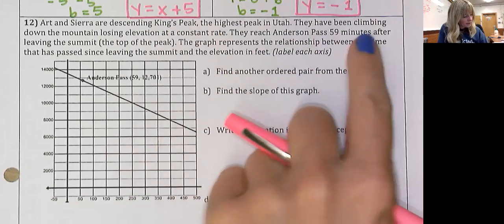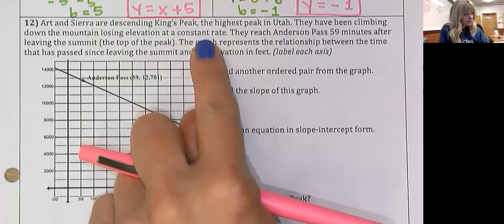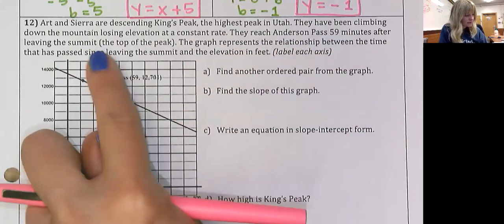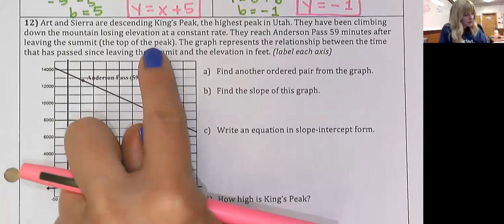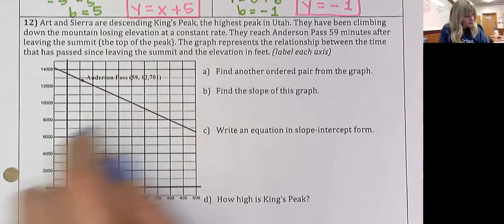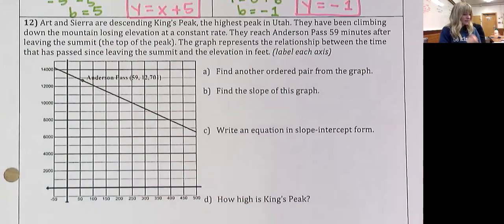They have been climbing down the mountain, losing elevation at a constant rate. They reach Anderson Pass 59 minutes after leaving the summit, which is the top of the peak. So they're hiking down. They've been hiking for almost an hour when they reach this Anderson Pass. The graph represents the relationship between the time that has passed since leaving the summit and the elevation.